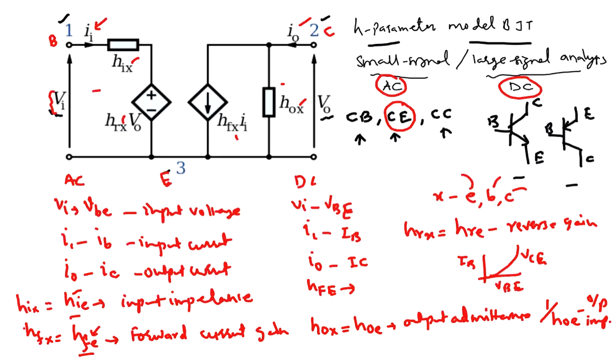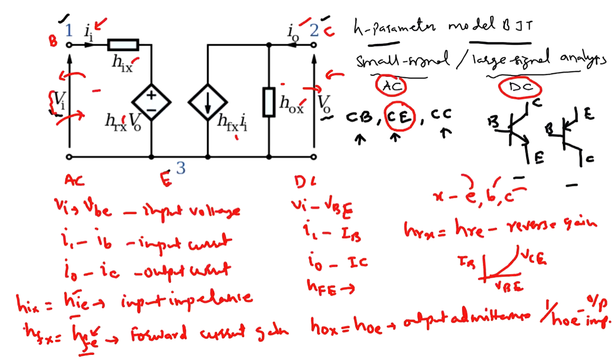So for the input characteristics, you have this. So reverse gain is just like you feed the transistor from the output side and you measure the output from the input side. And the forward current gain is you apply the input to the input side and take the output from the output side.